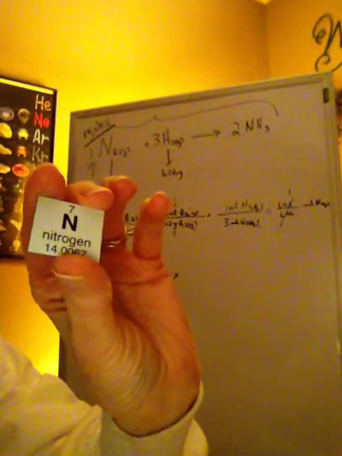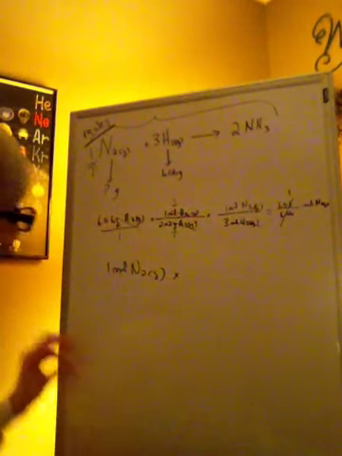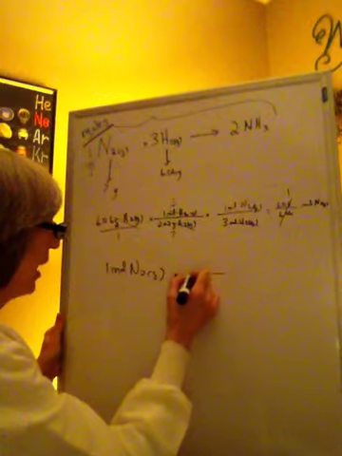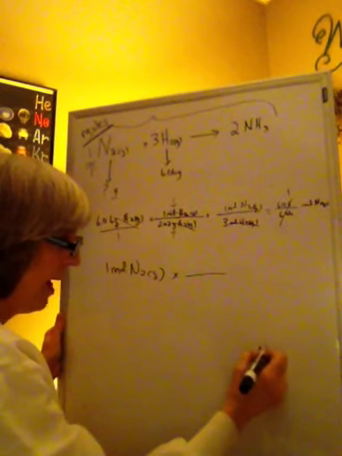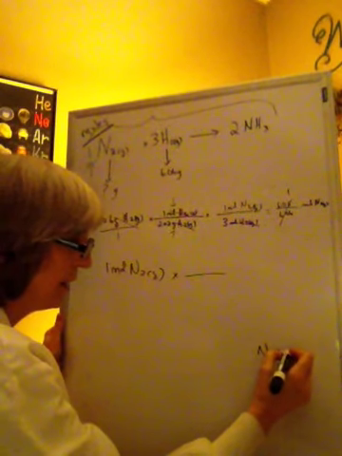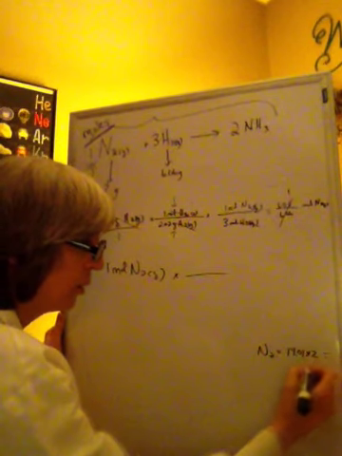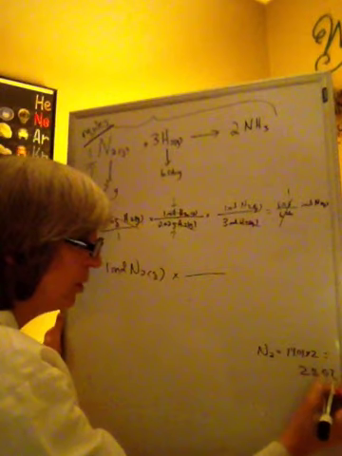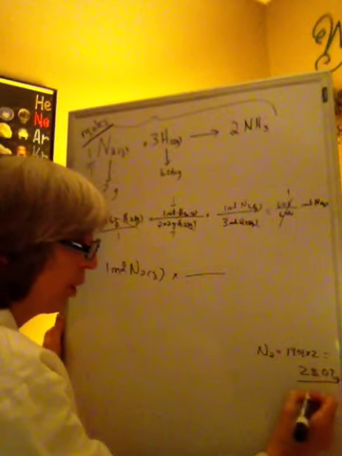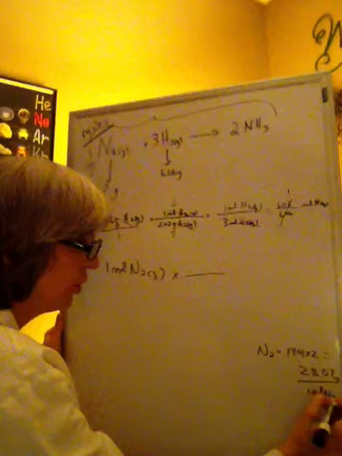So 14.01 times 2 gives us 28.02 grams per 1 mole of N2 gas.